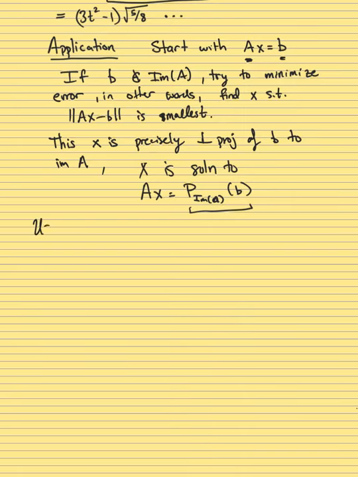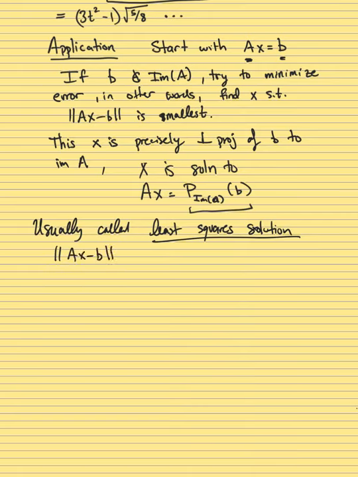This is usually called the least squares solution, because in the case of the usual product on Rn or Cn, you're trying to minimize the norm of Ax minus B, which is the same as minimizing the norm squared. If you write this out, it's a bunch of squares of linear functions.